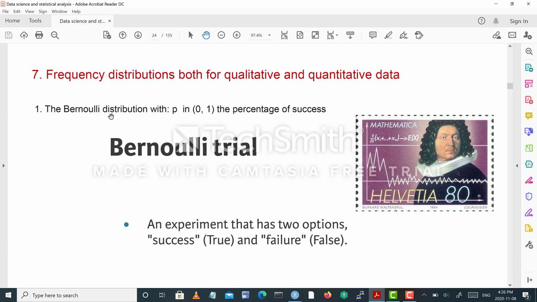And if we take p equal to 1/2, we say the probability of getting a success is exactly the same as the probability of getting a failure.